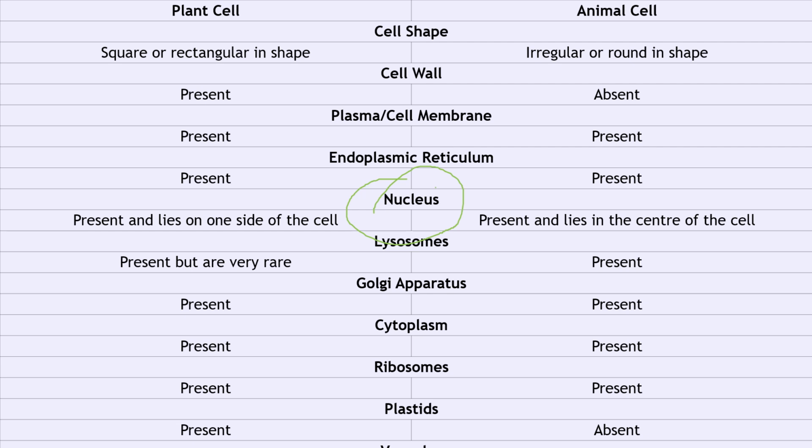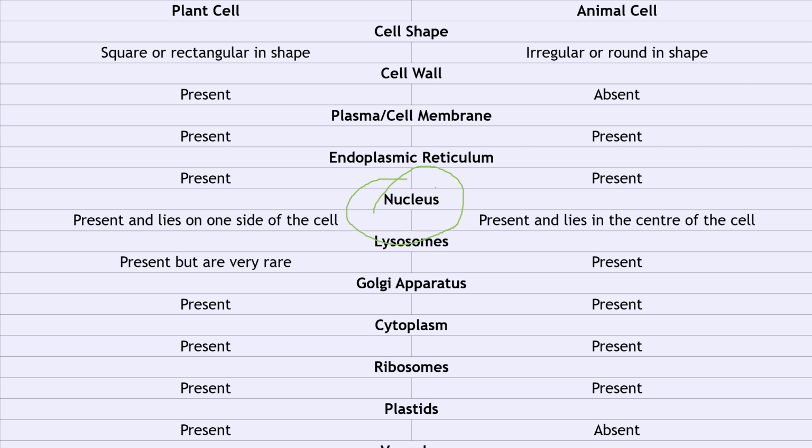In an animal cell, the nucleus lies in the center of the cell. Nucleus contains the genetic information which in turn controls everything that goes on in the cell. Understand my point?